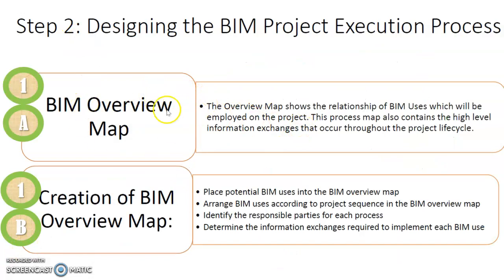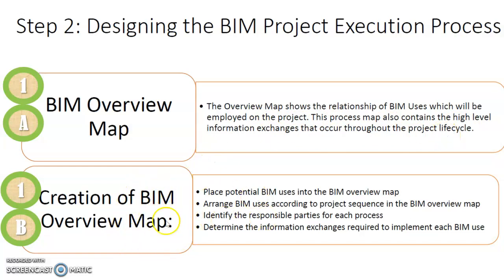So the overview map shows the relationship of the different BIM uses, for example your 3D BIM model with the coordination model, with the structural model, with the 5D and the 6D model, which will be employed on the project throughout the project life cycle, from the planning stage to the design stage to the construction stage to the operation stage. The process map also contains high-level information exchange that occurs throughout the project life cycle.